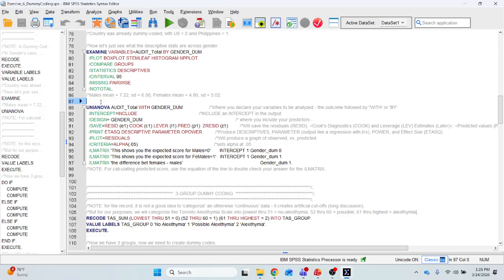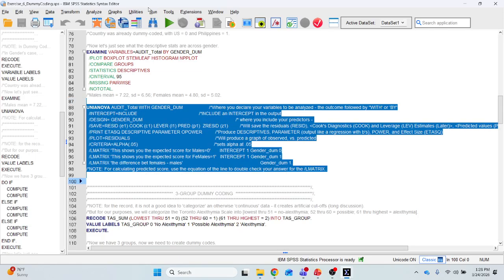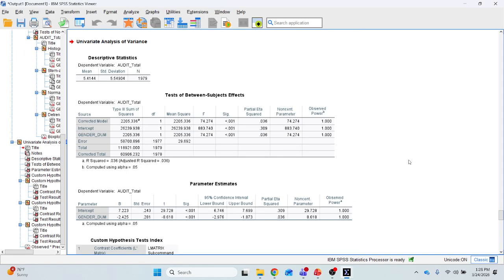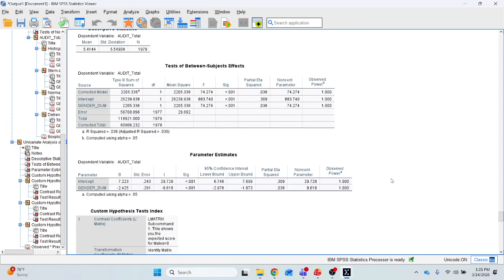Save is the same thing that we've had before. Print is the same thing that we've had before. L matrix, I will get to that later. But if we run this, you will have the exact same thing that we've been looking at before.